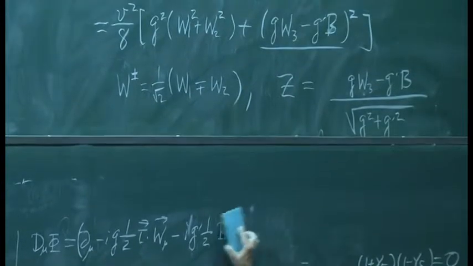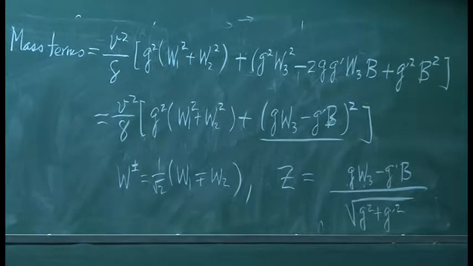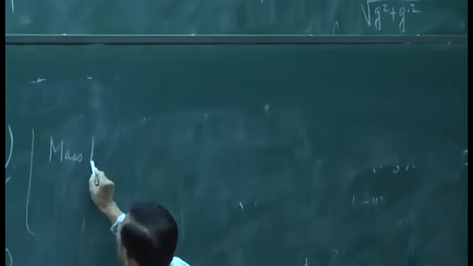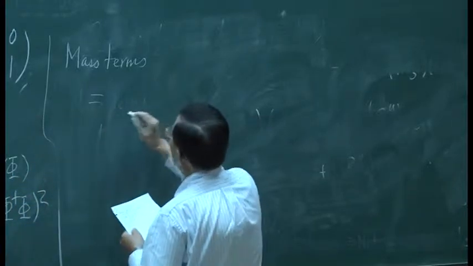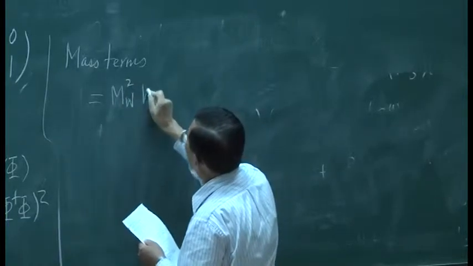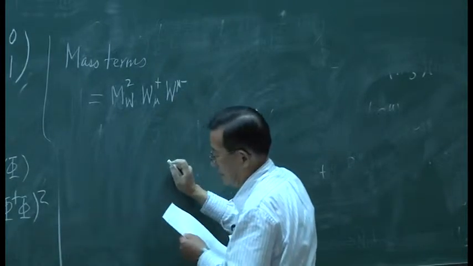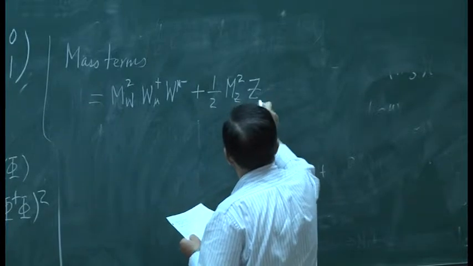So then you write down the masses. The mass term will be equal to m_W squared W plus_mu W minus_mu, and then plus 1/2 m_Z squared Z_mu Z_mu.